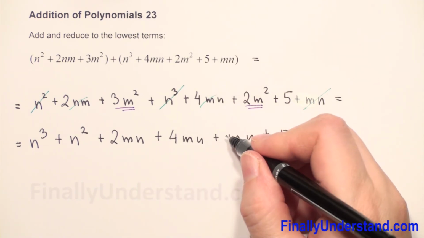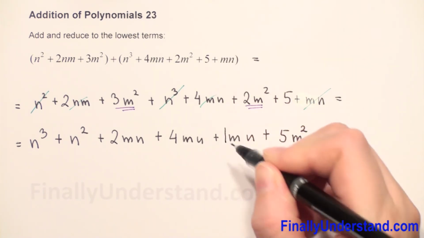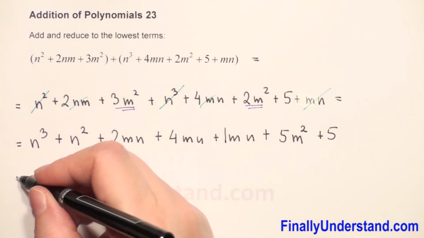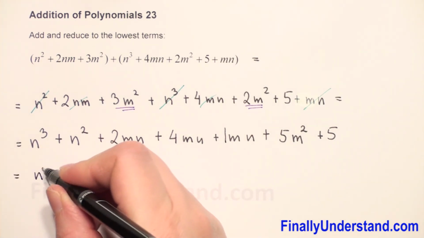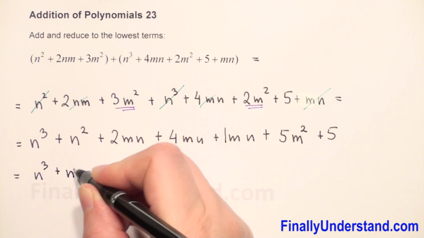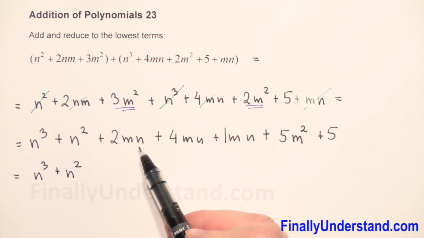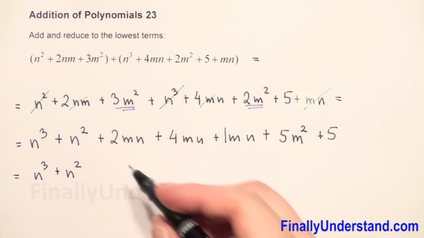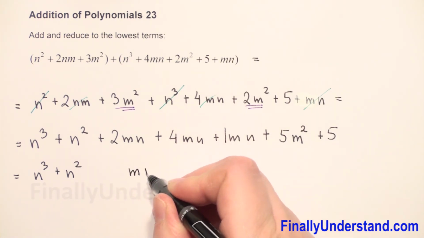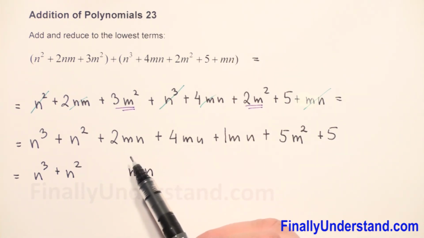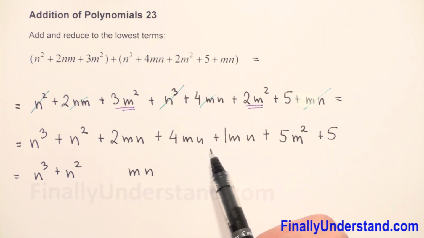When we don't have a coefficient, it is always an invisible 1. So let's start from the beginning. We have n cubed plus n squared, and now the same variables mn, mn, mn, so we copy mn, and we have to add the coefficients before mn.